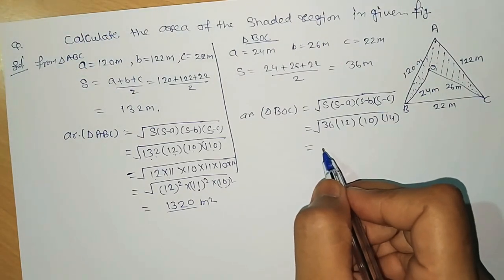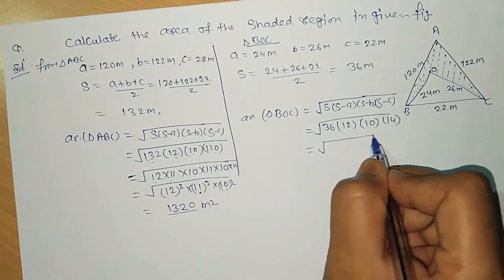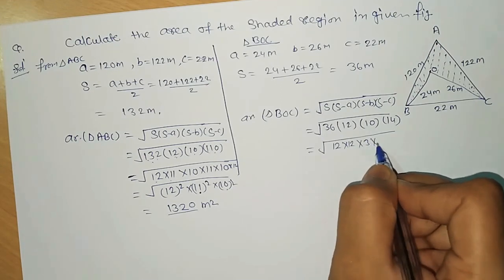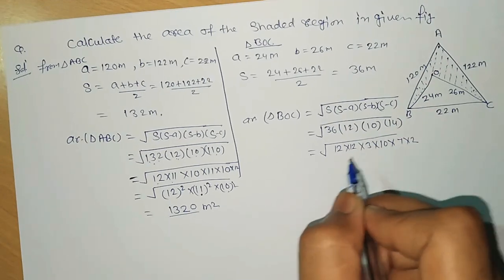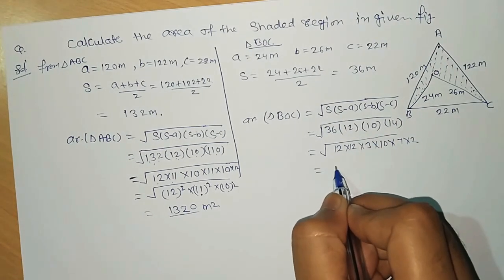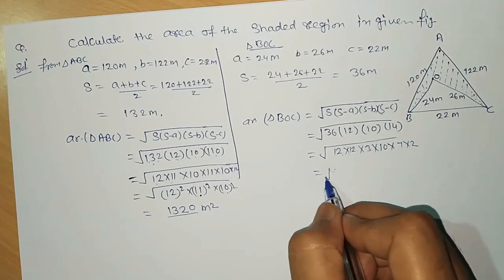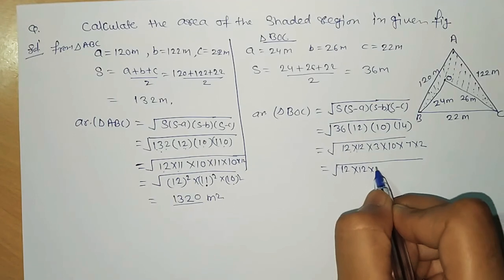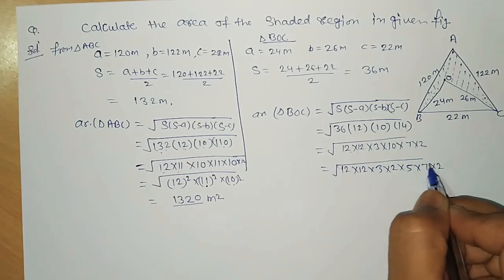12 into 12 into 3 into 10 into 7 into 2. Then solve this equation again in easy form: 12 into 12 into 3 into 2 into 5 into 7 into 2.